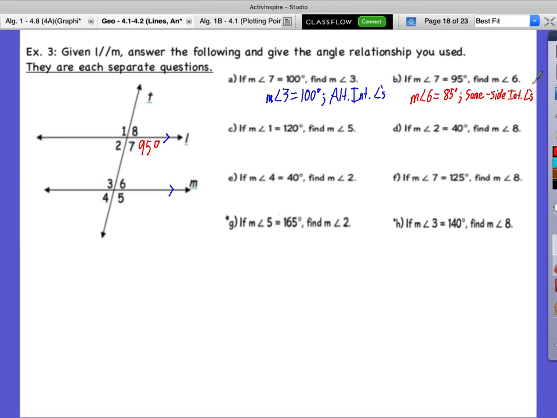Then we go back to our chart and we say, oh, we're finishing the test. Did you watch that video yet? Yeah, it's on there. So we're doing the alternating angles.